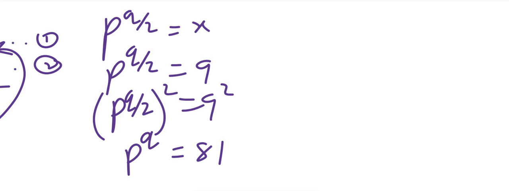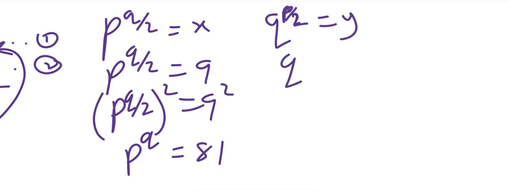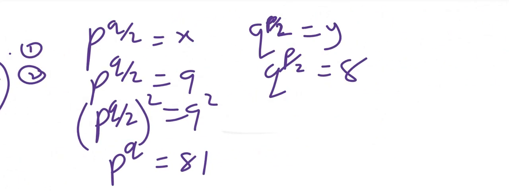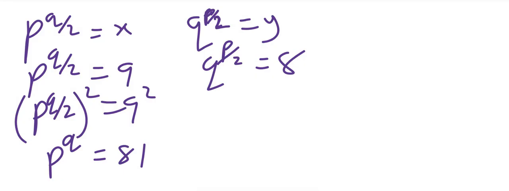So now the next thing is to represent the second one, which is q to the power of p over 2, which I represented with y, q to the power of p over 2 equal 8. Since y is 8, I can get rid of this denominator of the fraction by squaring both sides, like I did before now.